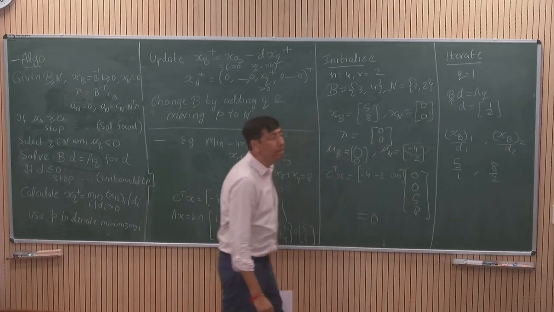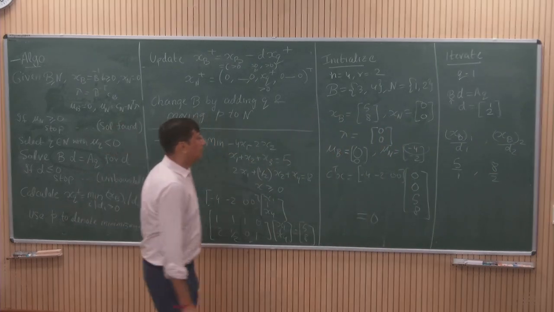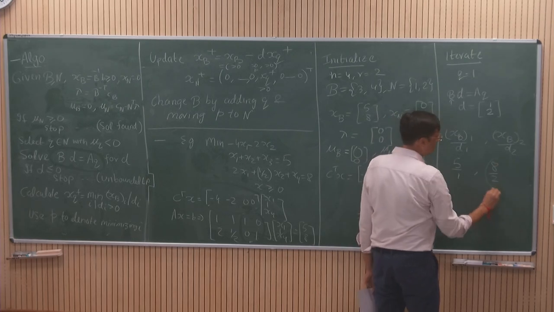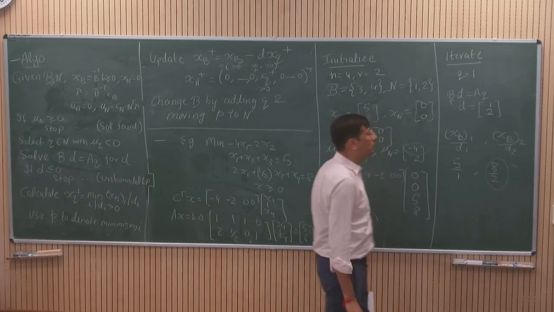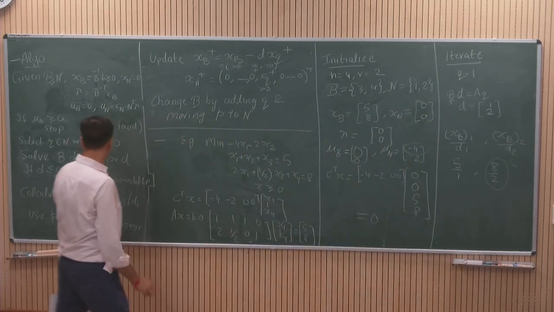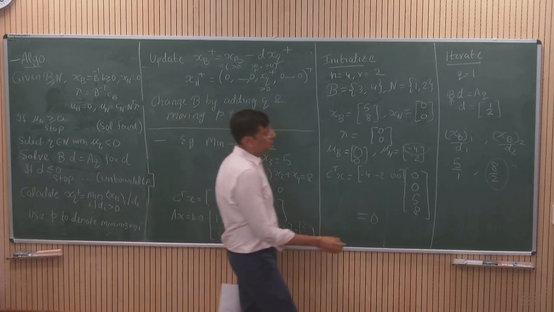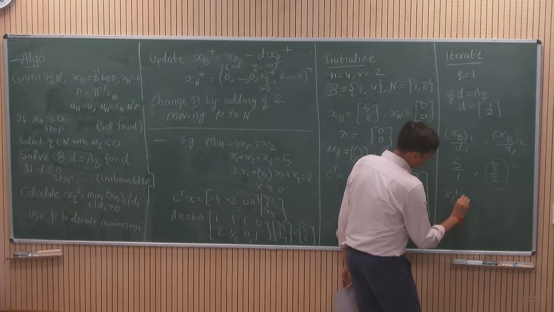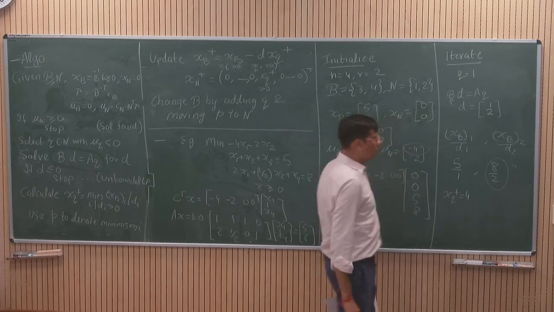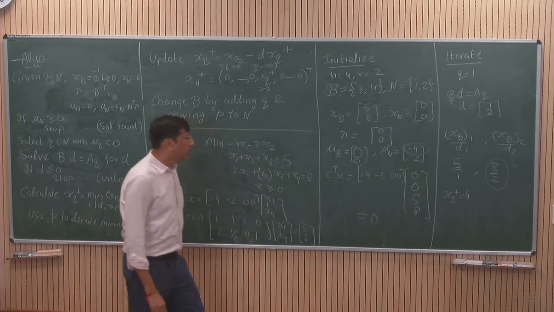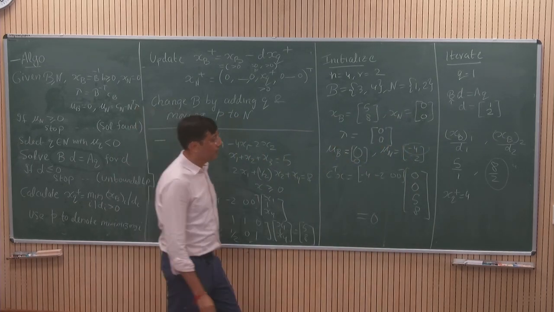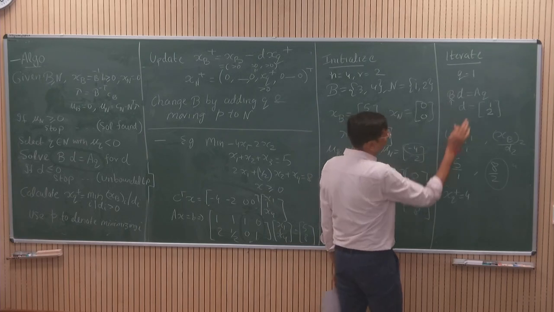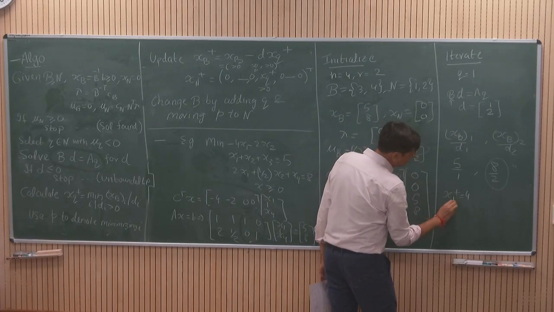Which is minimum? This one is minimum. It gives you value 4. So your XQ plus is, everybody with me? Or XQ, we already know the Q, so I'll call it X1 plus.